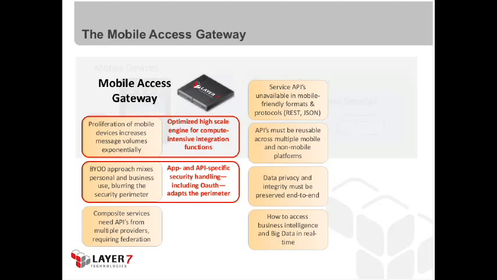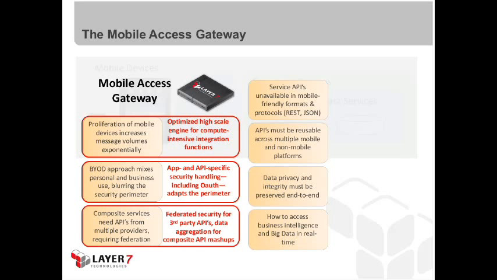But the good news is that OAuth has really emerged as a common spec that is being embraced by the app development community and the API provider community. And it really is tailored for this use case. So having OAuth support in the mobile access gateway is key in supporting both single enterprise use cases as well as those cases where you have more than one API provider and you need to be able to be authenticated and authorized appropriately.